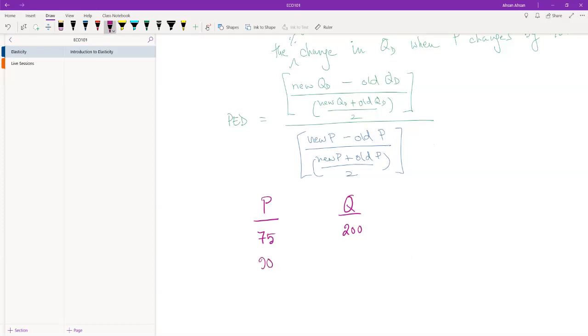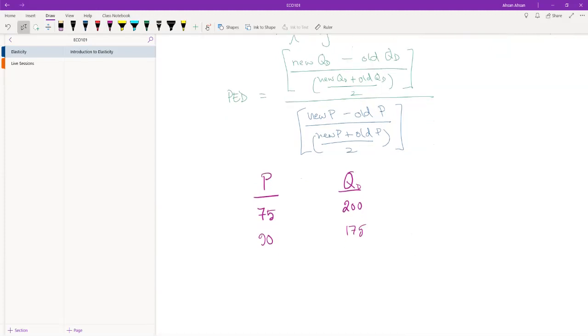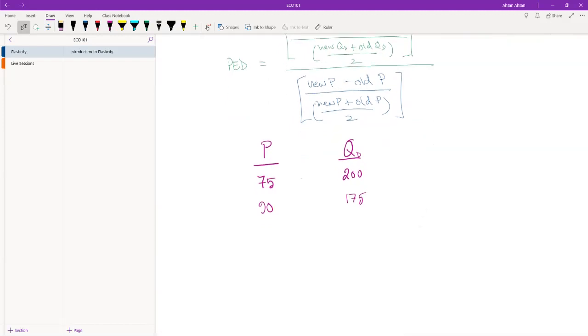When price goes up to 90, the law of demand tells us that QD must go down. And so suppose you buy 175 units. So since price has gone up by 15, QD has gone down by 25. And we want to calculate the PED of this.